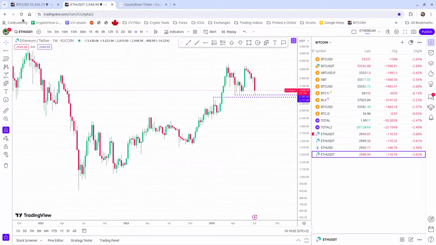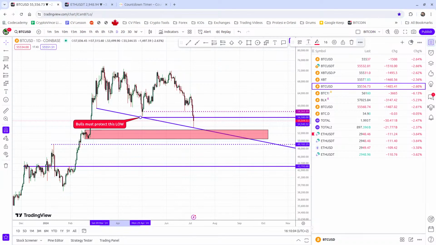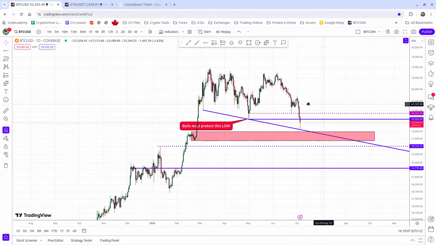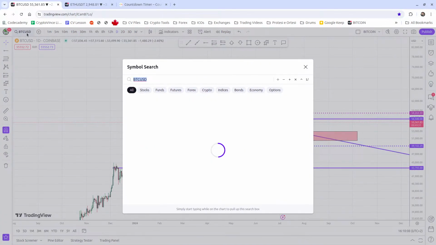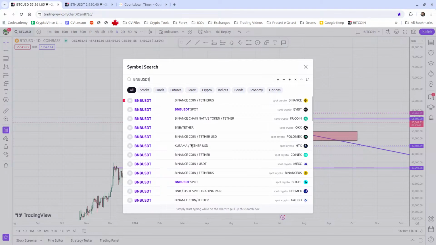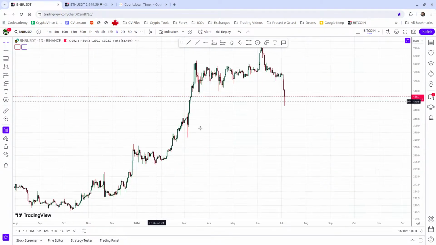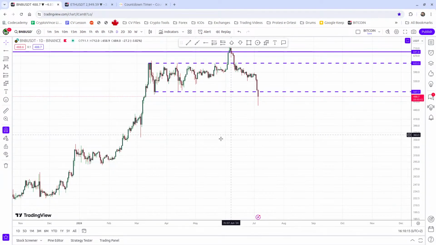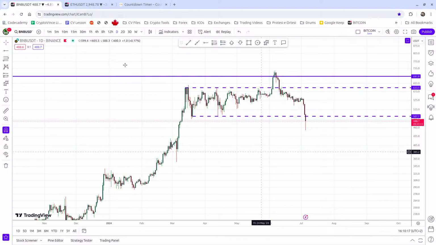Let's check BNB because that guy was dumping hard. I wanted to see if there is some support here. This guy too needs to close above this low.